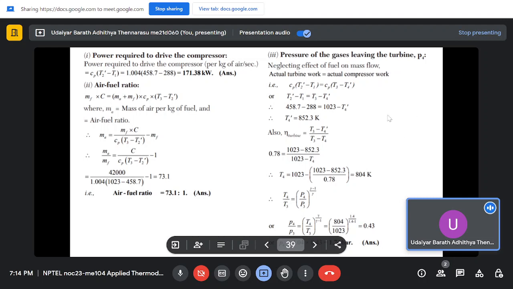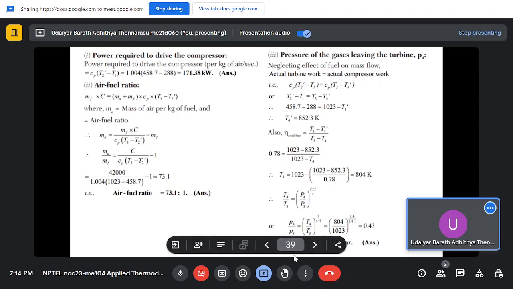Now using an adiabatic process, we know the temperature across the turbine, inlet and outlet, and we also know the inlet pressure. So we can find the state 4 pressure.